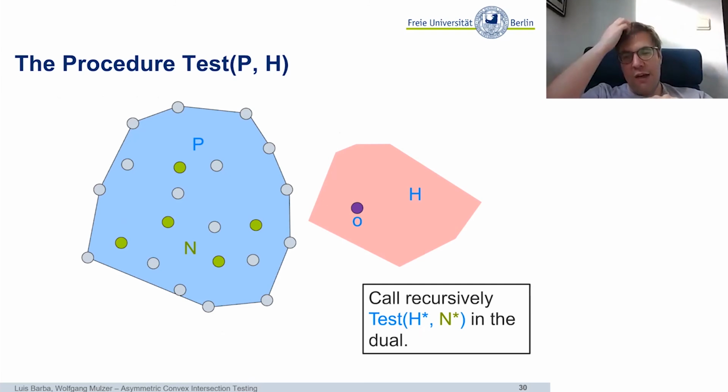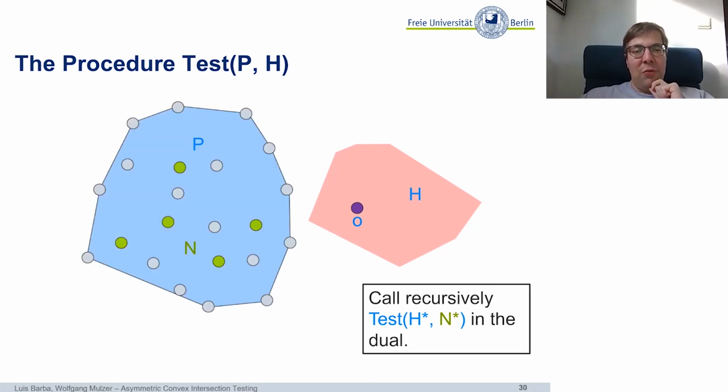So we dualize the half spaces and we dualize the points. And we switch the roles of the half spaces and the points, because in the dual, in the polar, the half spaces will be points, and the points will be half spaces. So we have the same setting of embracing and avoiding by this lemma. So we do this recursively.